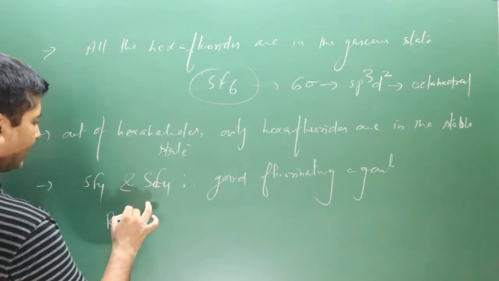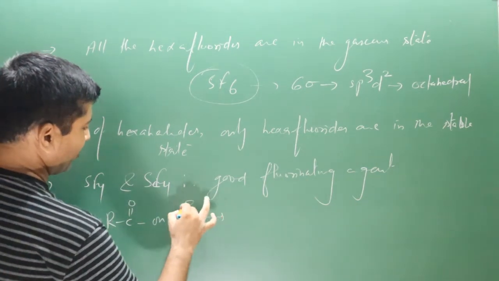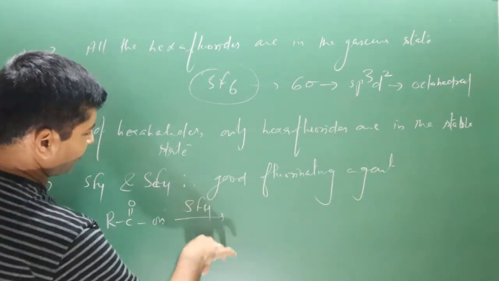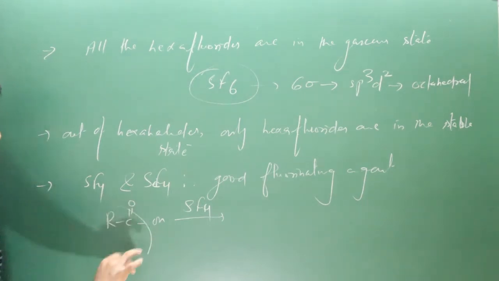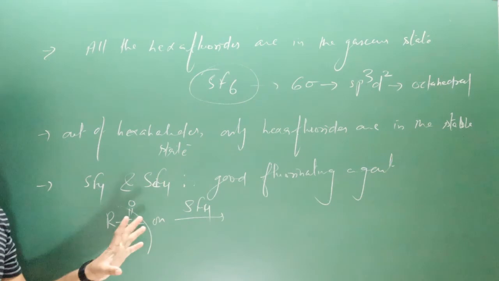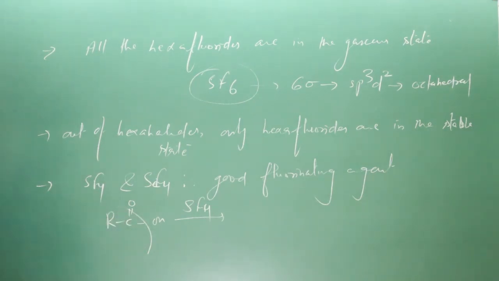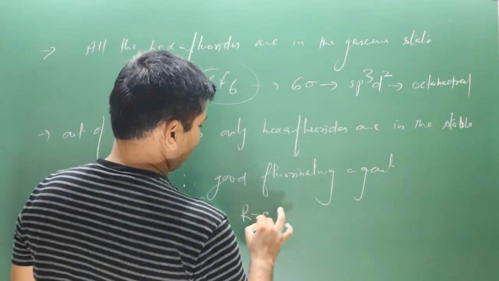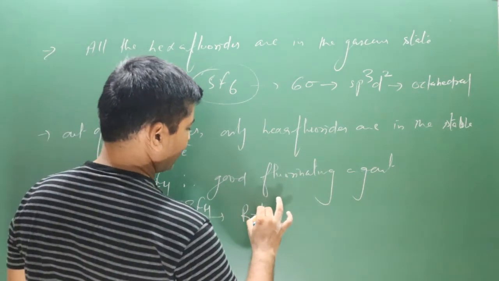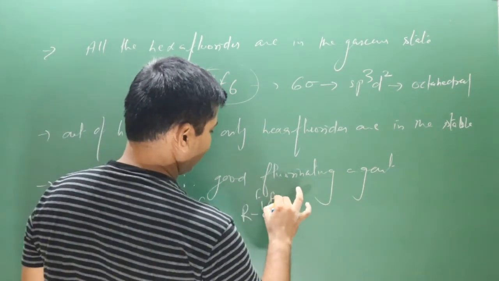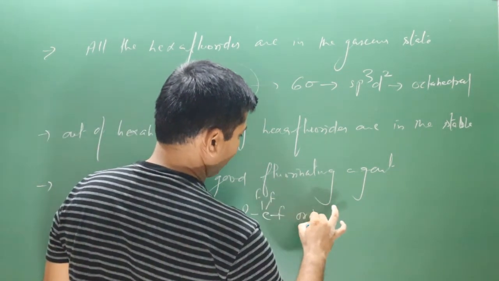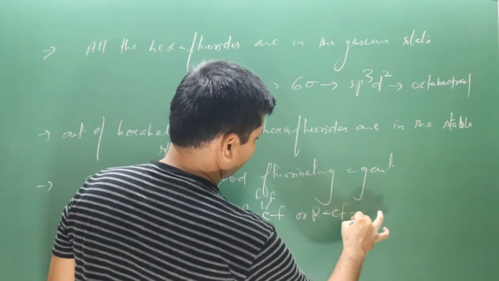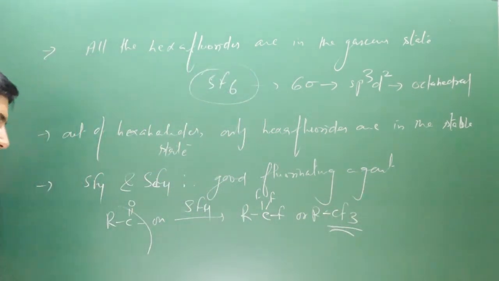Let's say if I take a carboxylic acid, RCOOH, with SF4. You can break how many bonds? 3 bonds: 2 bonds from oxygen and 1 bond from the OH group. Then you can attach 3 fluorine atoms and get RCF3, fluorinated.